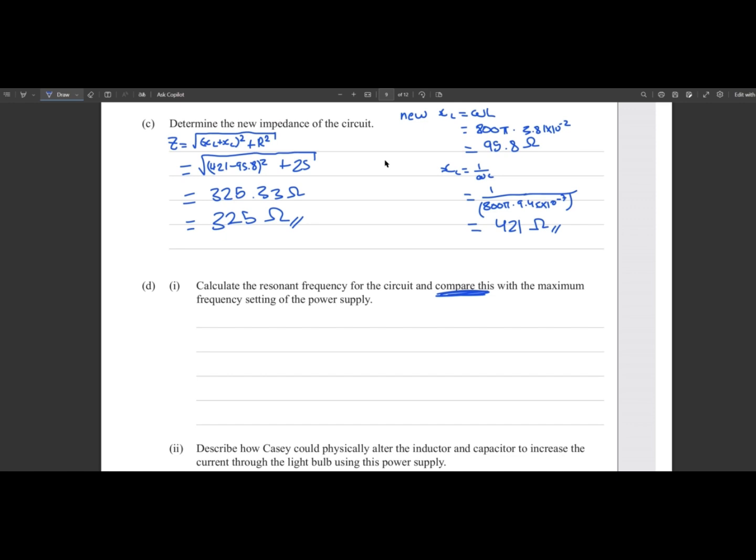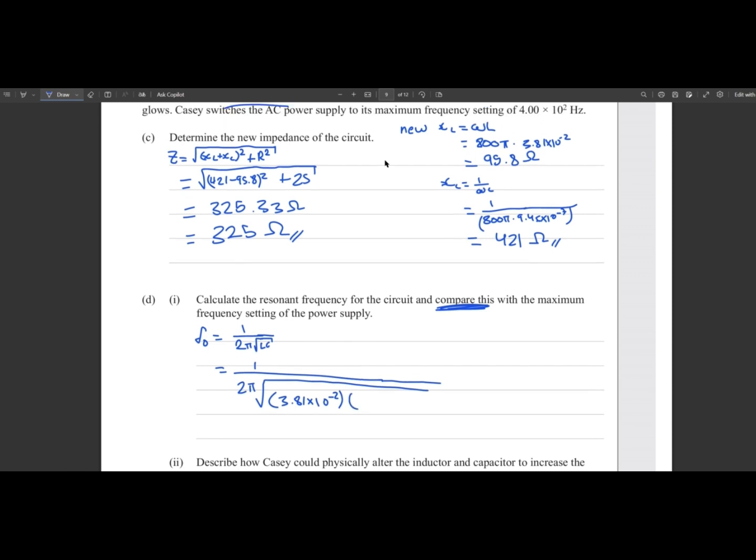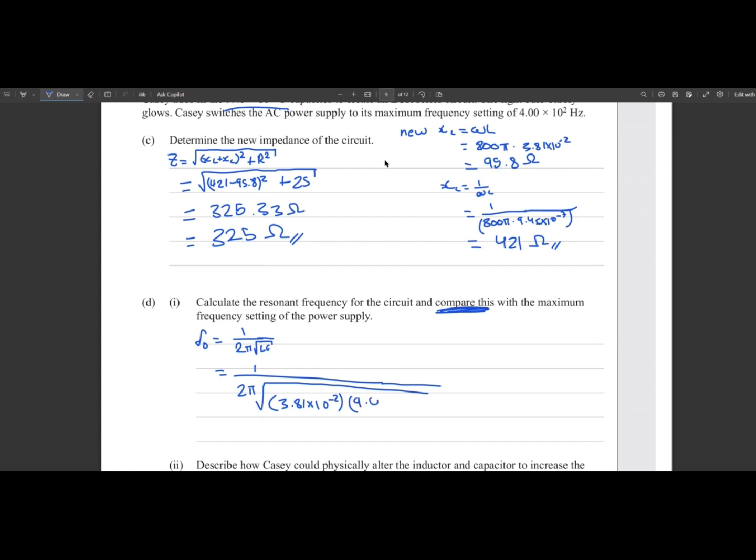Compare. Okay. I'm not really going to be bothered deriving it. We just know that F naught equals 1 on 2 pi root LC, which is 1 on 2 pi times the square root of, what's our L? L is 3.81 times 10 minus 2 times our capacitance 9.45 times 10 minus 7.